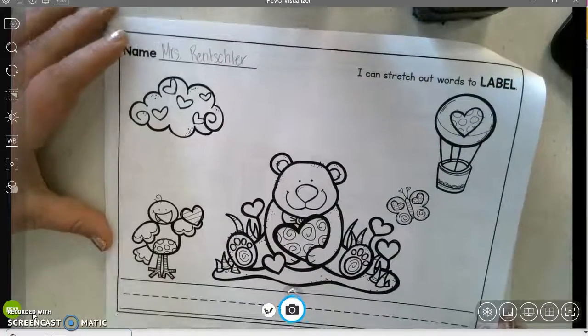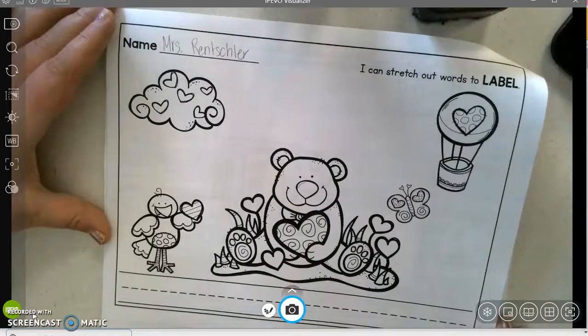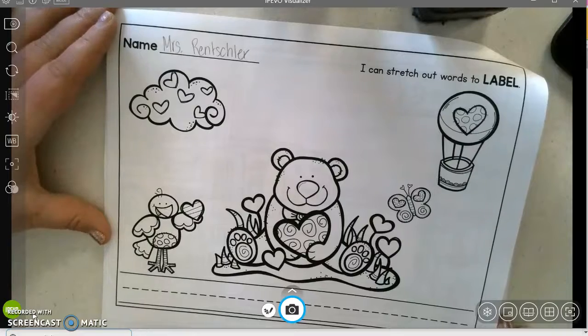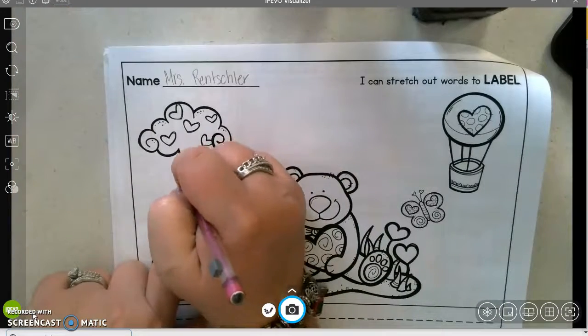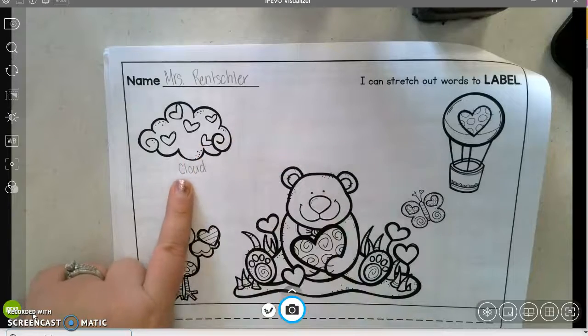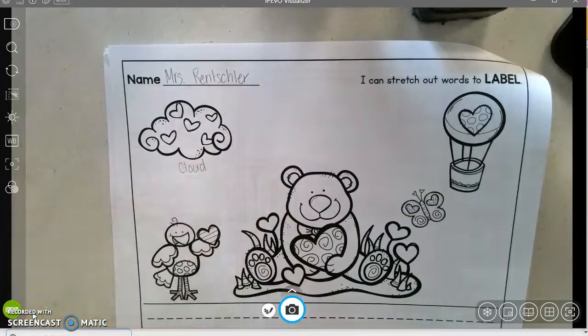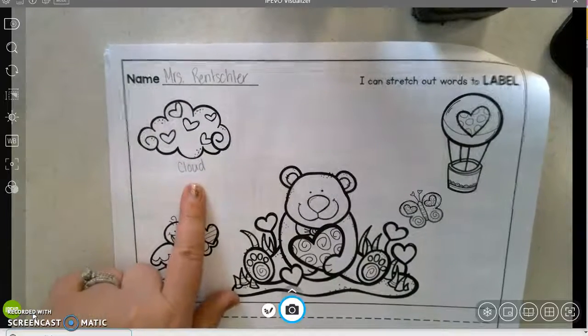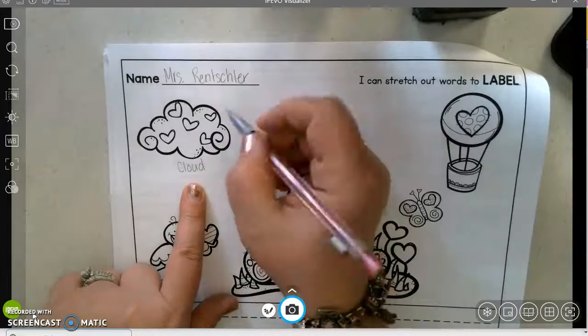All right. Now, I'm not going to do the whole picture with you, okay? I'm going to show you what I mean by label. So we can label by writing the word next to the object. So this is the word cloud, and I wrote it next to the cloud. That's one way to label. You can go ahead and pause the video and write cloud next to your cloud.